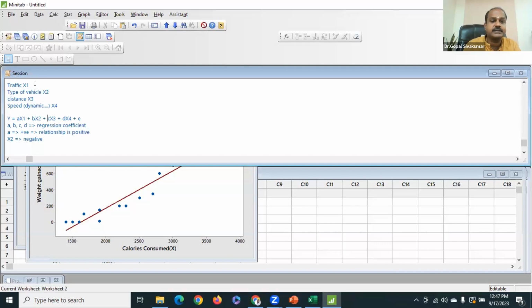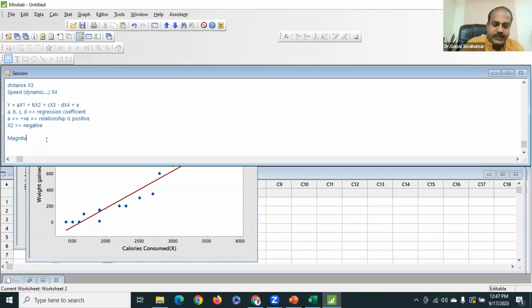Here it is plus, here it will be minus. Am I doing correctly? Yes. Signature wise, I am putting plus for the factors, but only for the speed, I want to put minus because I know more the speed, less the time. Less the speed, more the time. That's why the minus and plus is changing. Now, signature is helping us.